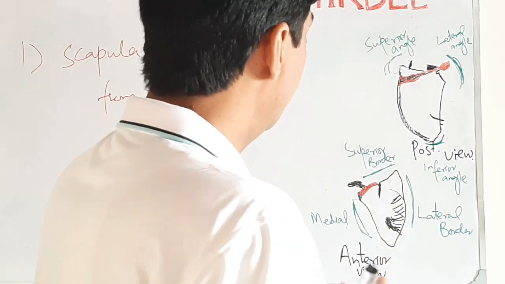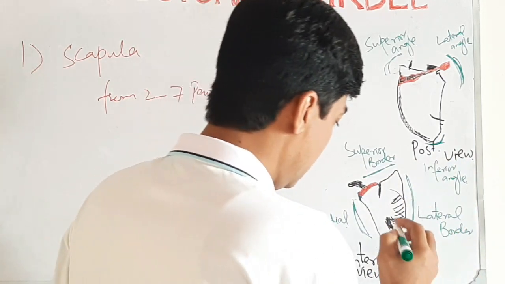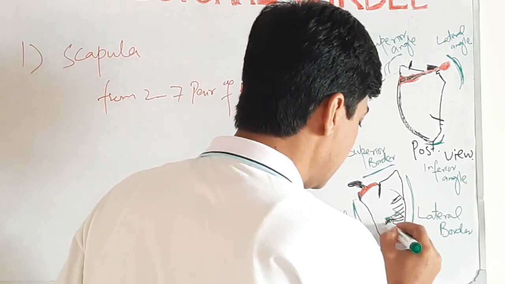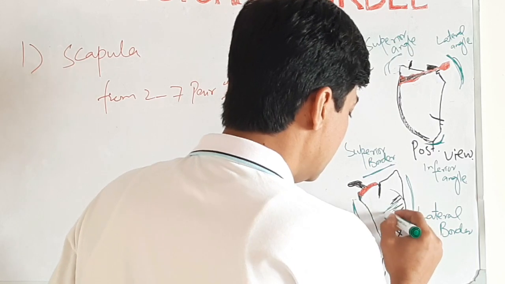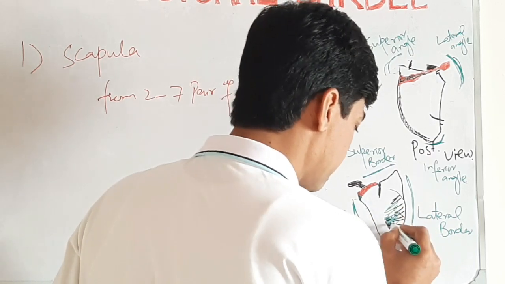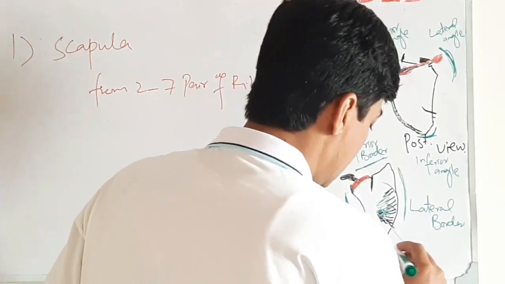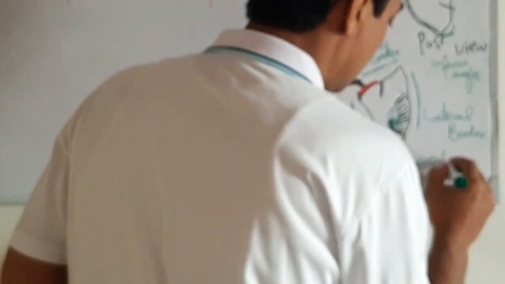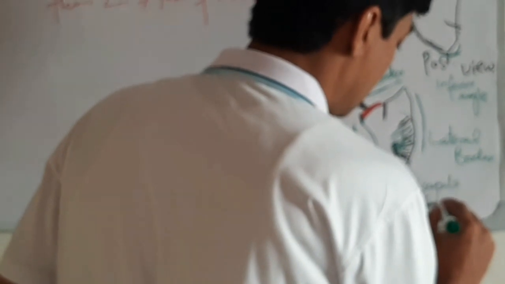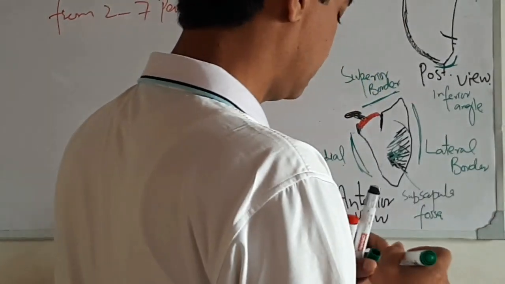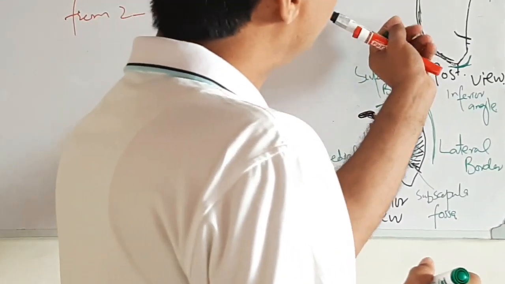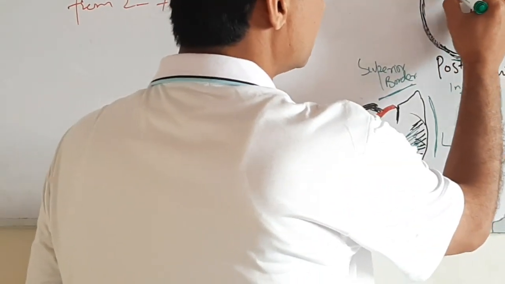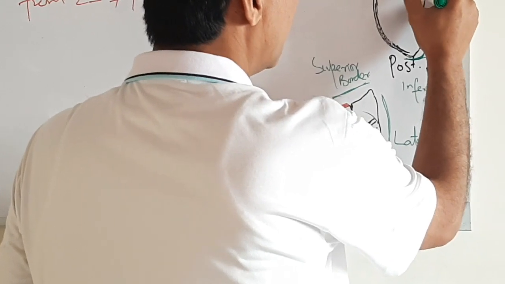When we look at the anterior side, there is a shallow space called a fossa, the subscapular fossa. And at the posterior side, there is a transverse ridge over the scapula.